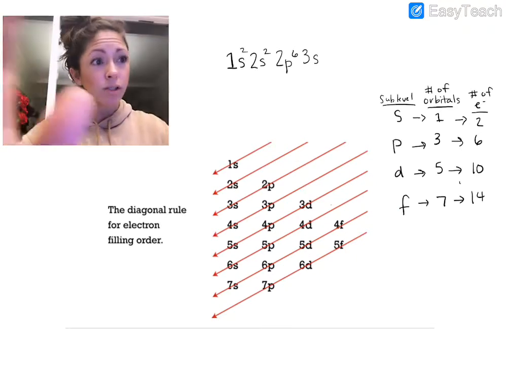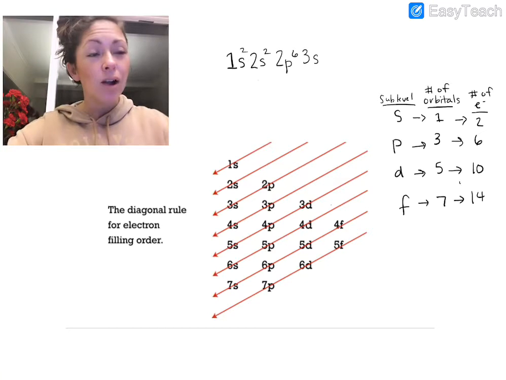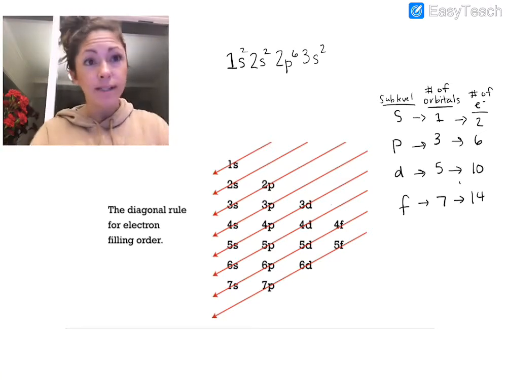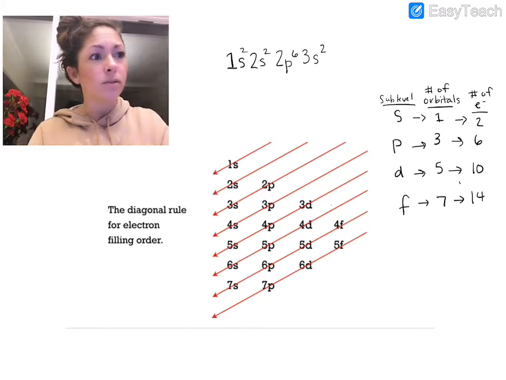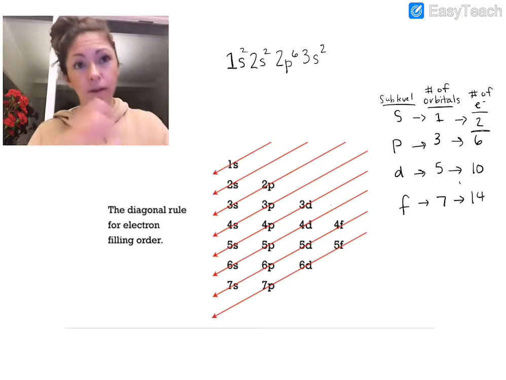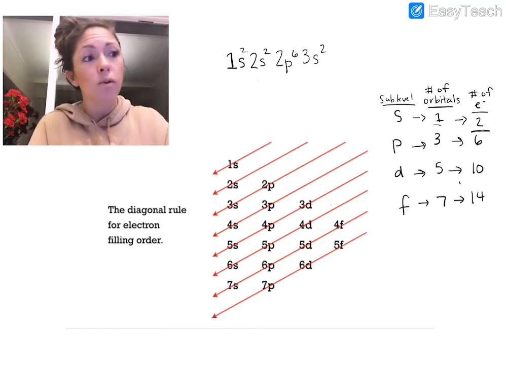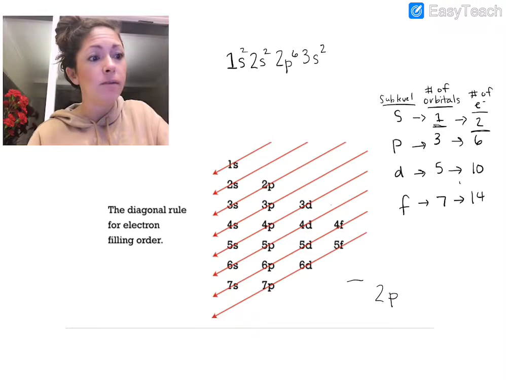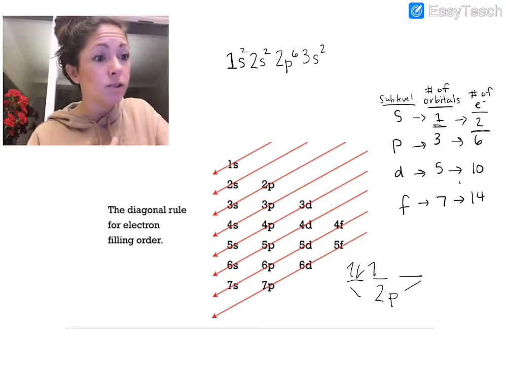Okay, I'm not sure what happened on my screen. I had to rewrite it all. So, for 3s, it can hold up to 2, because it's an s. Every s sublevel can hold up to 2 electrons, because it's only got 1 orbital. We've already learned this. But a p sublevel, like when we've written out 2p, we've always had 3 blanks, and it can hold up to 6 total electrons because it's got 3 orbitals.